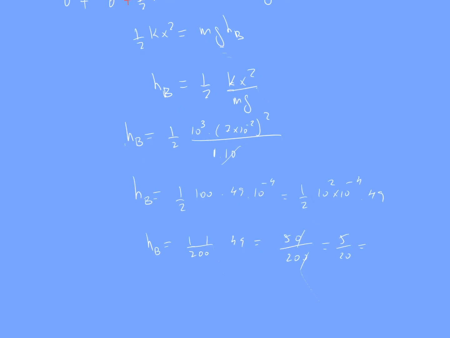If I divide by 5, 20 divided by 5 is 4, so 1/4 meters. The height will be 0.25 meters, the height that it can go up, HB. HB is 0.25 meters, and the problem is solved.